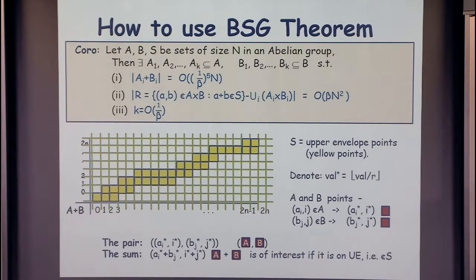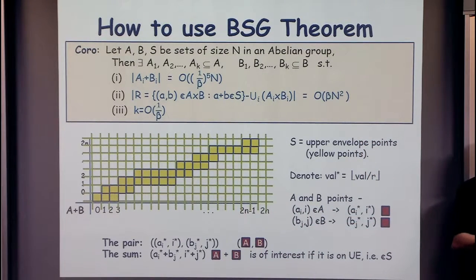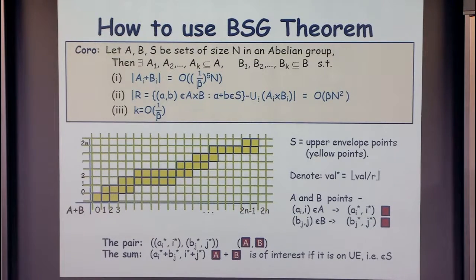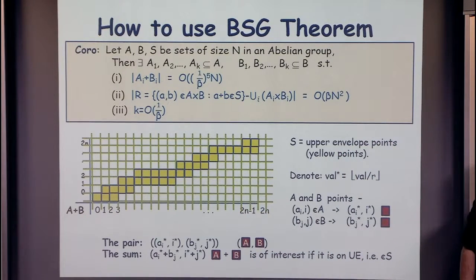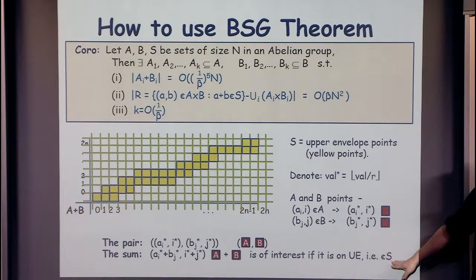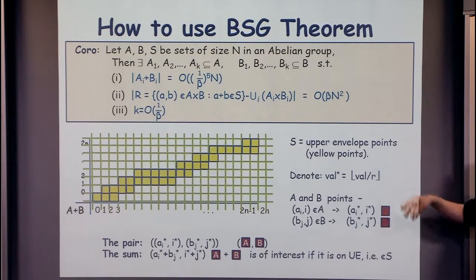And then we get these pairs, a point from A and a point from B, together. Then we're looking at the A plus B, and that's of interest if it's on our upper envelope. And if it's not on our upper envelope, then we're lucky. We don't have to check it. And this is our S. So we have A, which is the original set A rounded down, B, the original set B rounded down, and S is the upper envelope after they're rounded down.